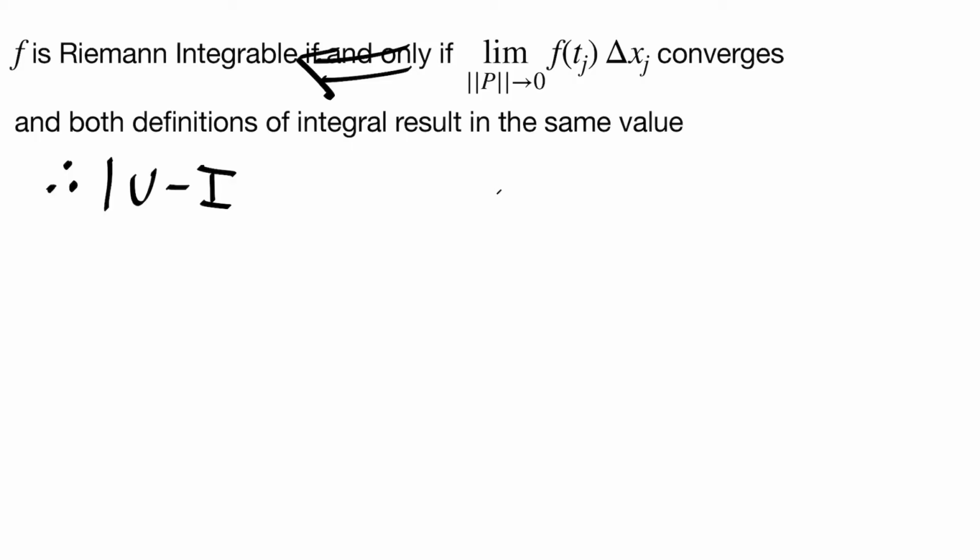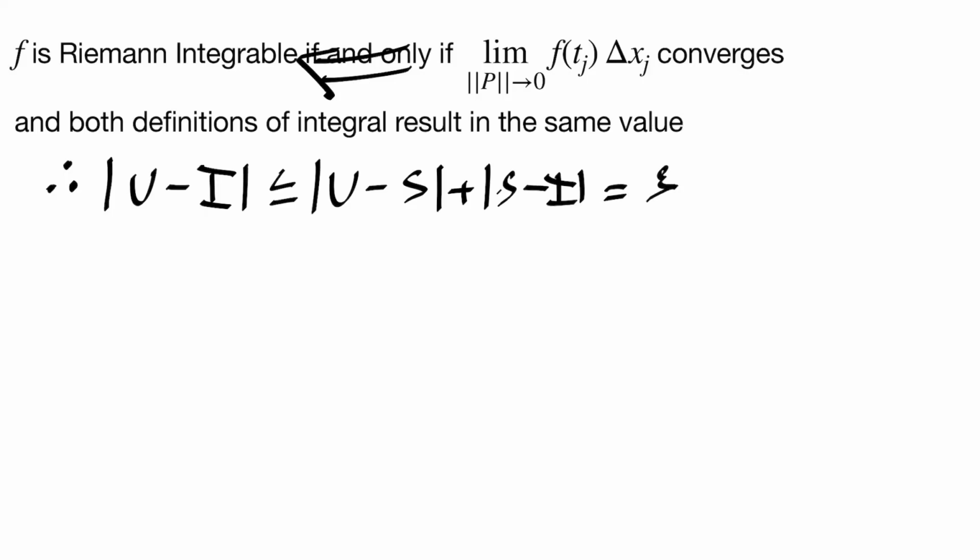if I take U minus my I value, which is whatever that integral that came from the sum converging, well, this must be less than or equal to U minus that sum value plus the sum value minus I. But this is less than epsilon over 4 plus epsilon over 4, which is epsilon over 2.